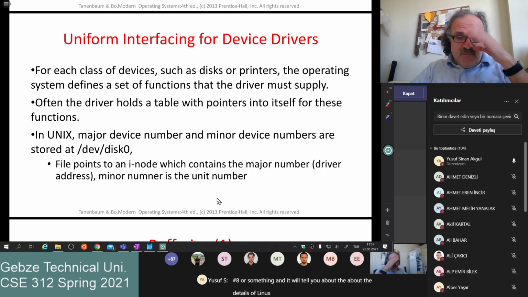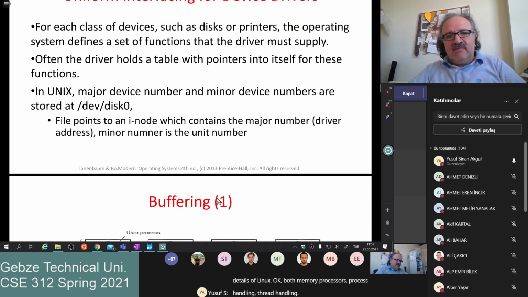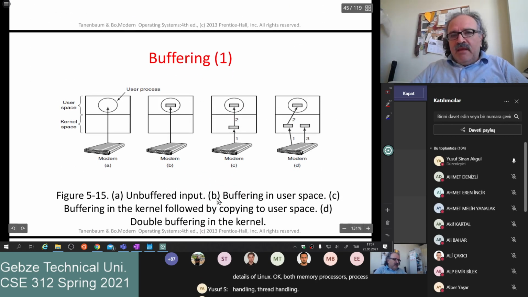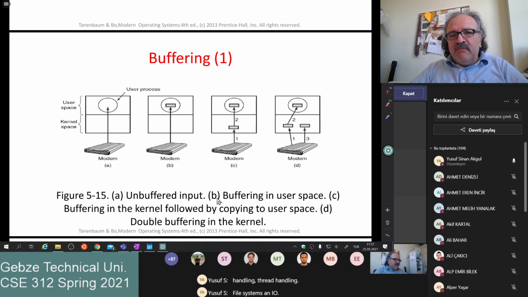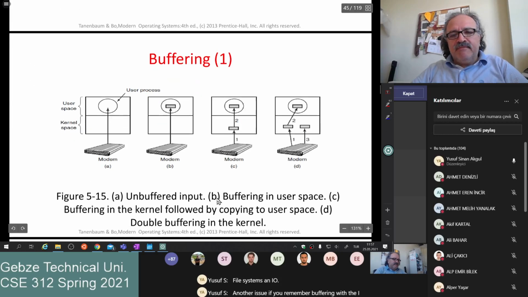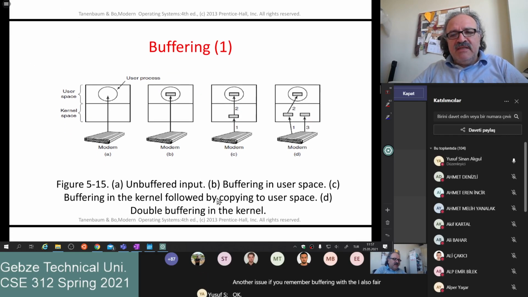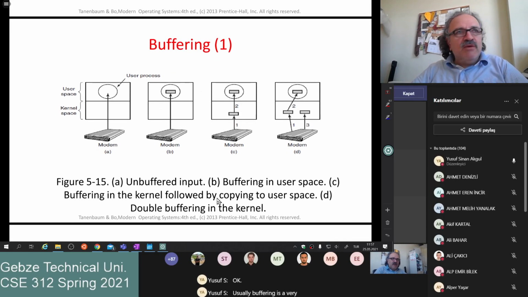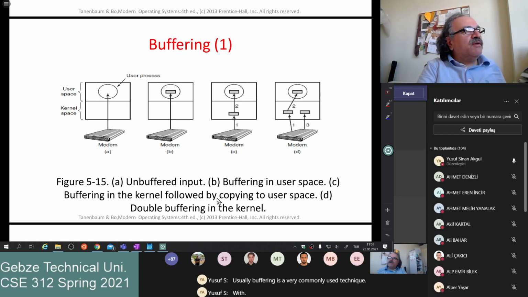Okay, both memory, processors, process handling, thread handling, file systems, and I/O. Another issue, if you remember buffering with the I/O software, usually buffering is a very commonly used technique with I/O software.